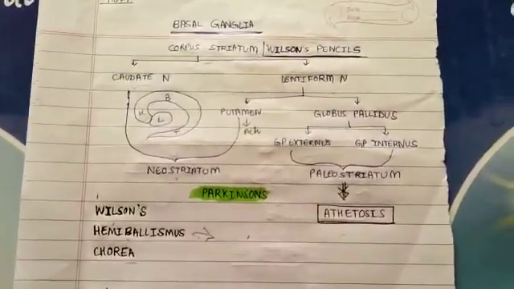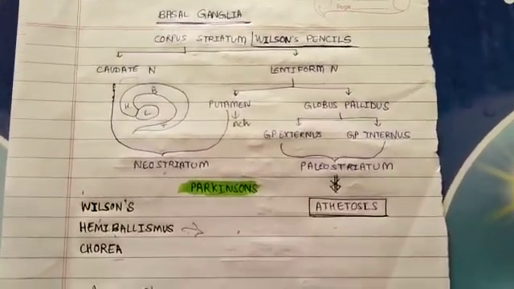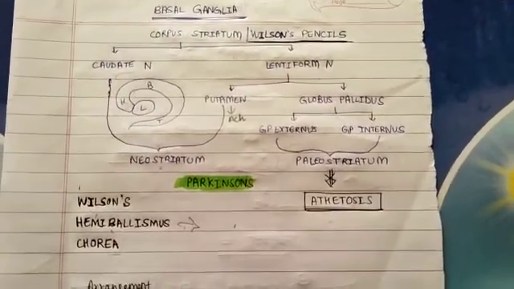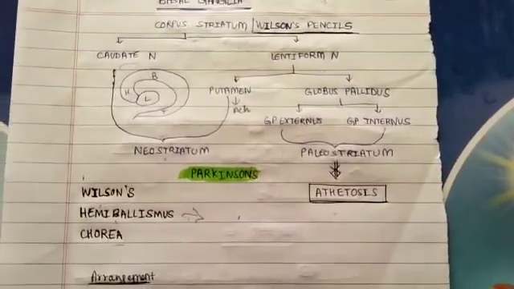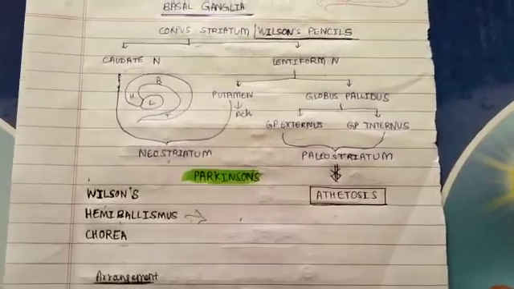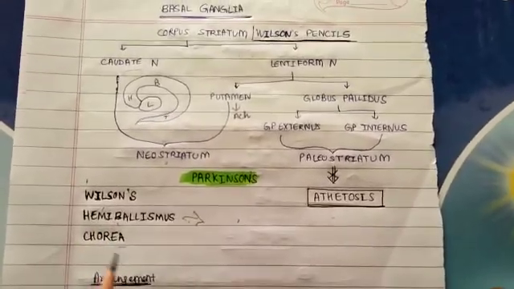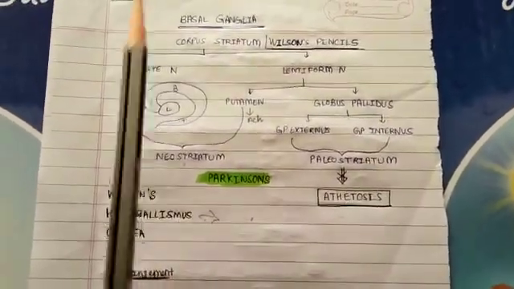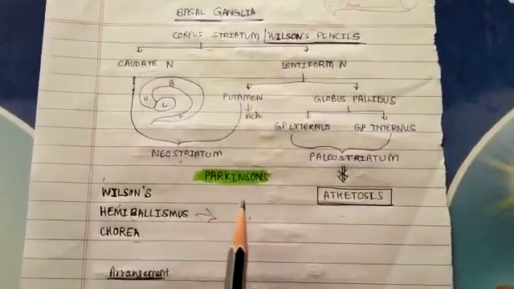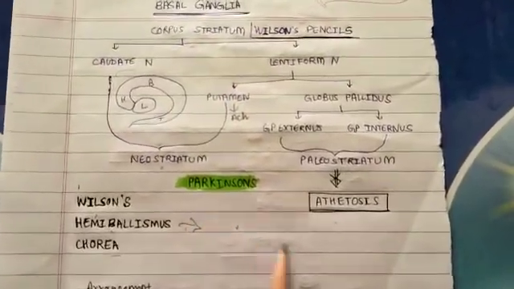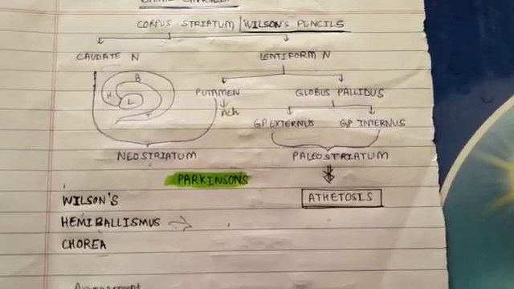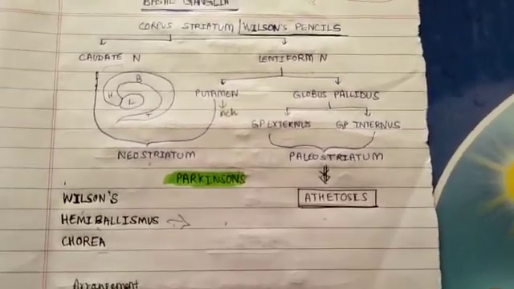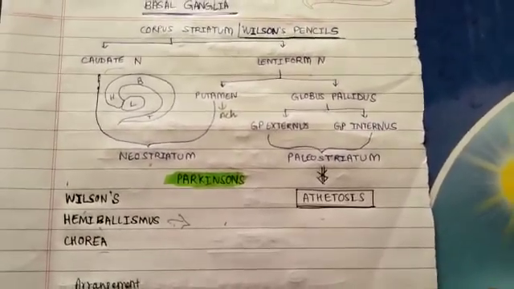Then what is Wilson's disease? Wilson's disease is due to the copper metabolism. Abnormality in copper metabolism causes deposition of copper in the basal ganglia, that causes Wilson's disease. But the main disease which is concerned with our basal ganglia is Parkinson's disease. This is due to reduced activity of the dopamine in the basal ganglia or in the nervous system.